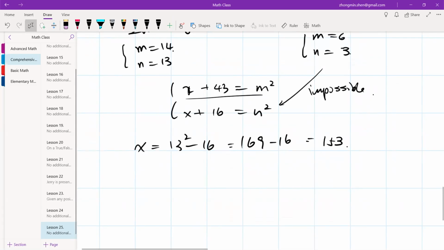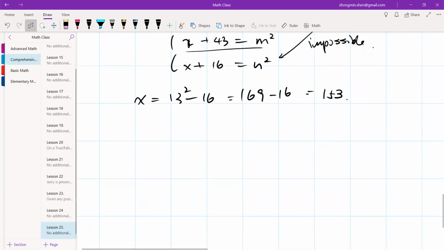All right, I'm going to find the geometry problems. First of all, recall the sector, okay? If you have angle theta and its radius, right?